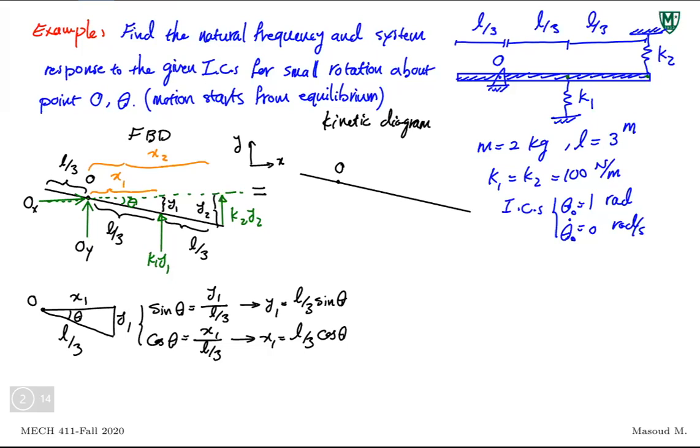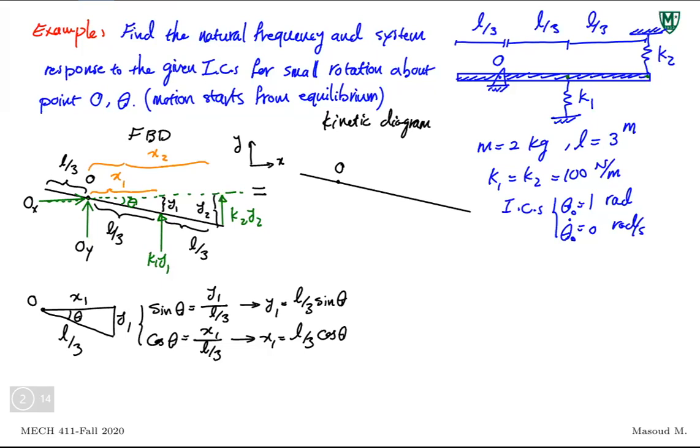You'll see why I want x1: when I want to find the moments about point O, I have to multiply the force and the distance that force has from the point of rotation, which is x1. And I don't want x1 or y1 in my equation. I want to write everything based on theta. So y1 becomes L over 3 sine theta, and x1 becomes L over 3 cosine theta. I wrote both of them as a function of theta. This is good. That's what I wanted.